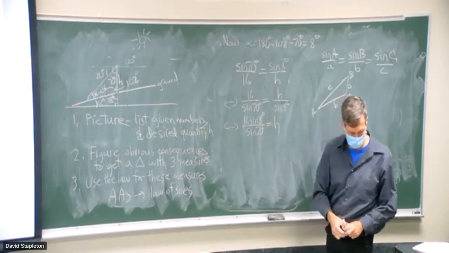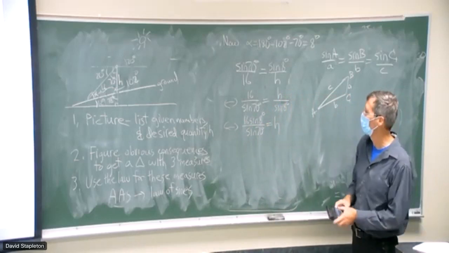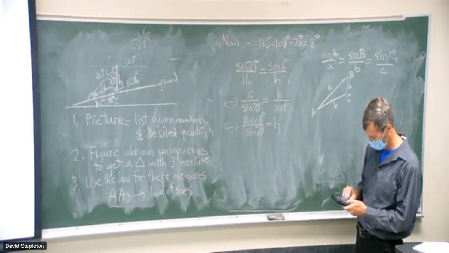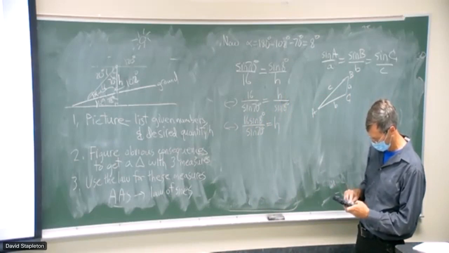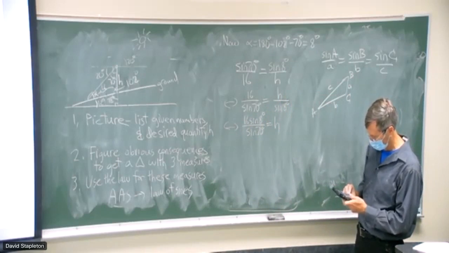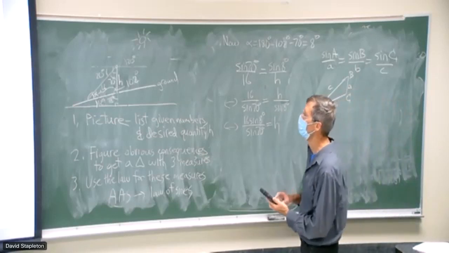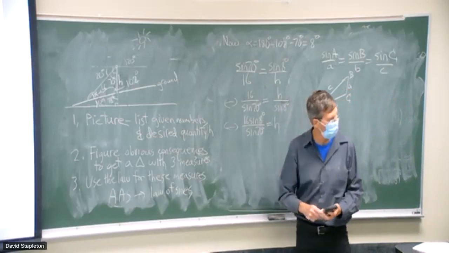I just have to compute that. 16 times sine 8 over sine 70. This is 2.36 meters.